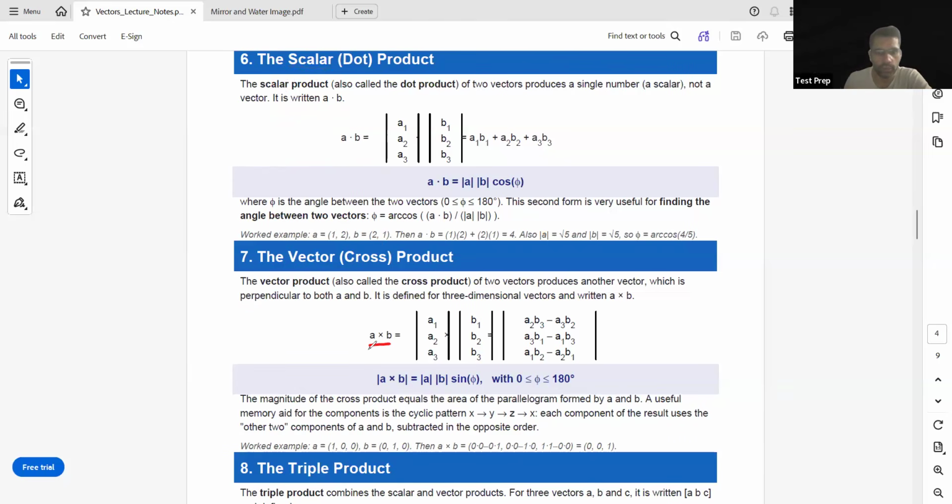Now A into B. A1, A2, A3, B1, B2, B3. So this is the x-axis, this is the y, and this is the z. So how to find out the x?